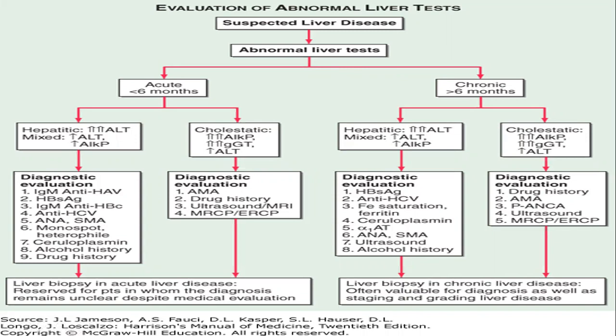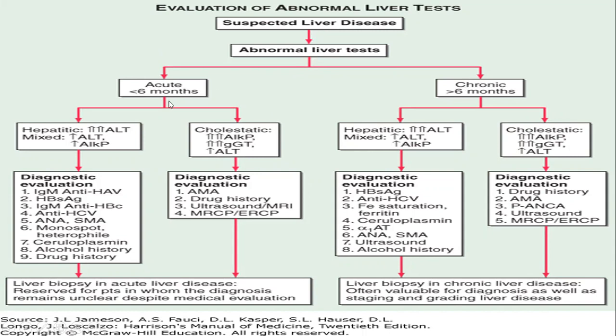Now, this is another algorithm that we use in the clinical setup when there is suspected liver disease. For example, you notice that the patient has jaundice, or has increased liver span or hepatomegaly. We classify it as acute or chronic. Usually acute if the condition of the patient has been less than 6 months, or chronic if it is more than 6 months.